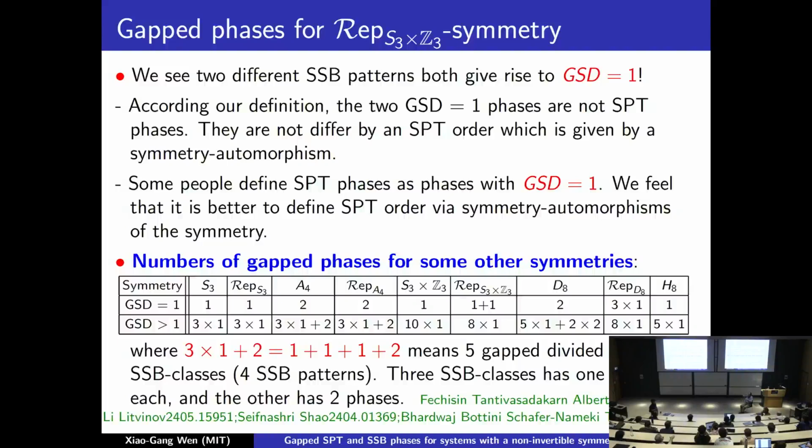That SPT concept cannot be applied to symmetry breaking states, at least we don't know how to apply that. If I define SPT using automorphism, then it's very natural to apply to symmetry breaking states and gapless states.